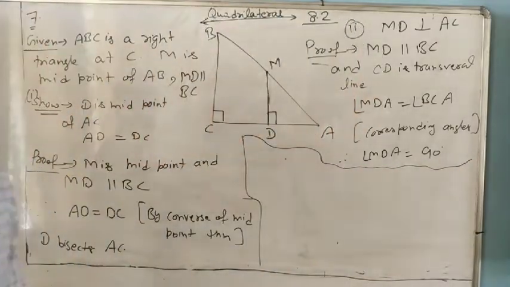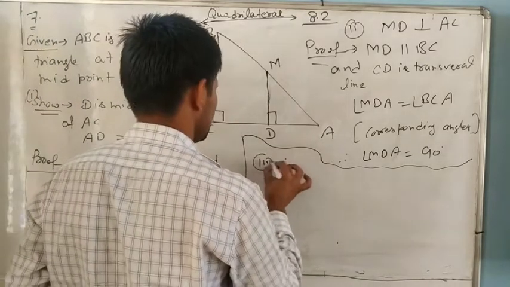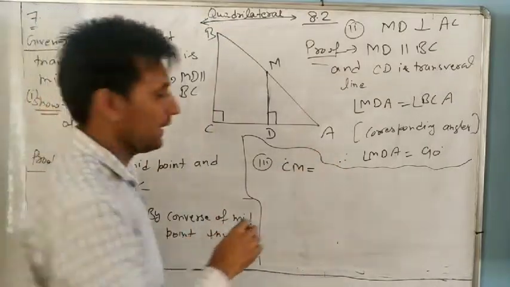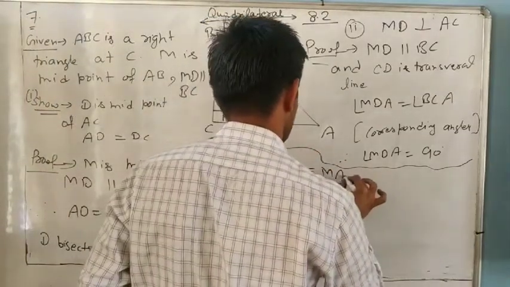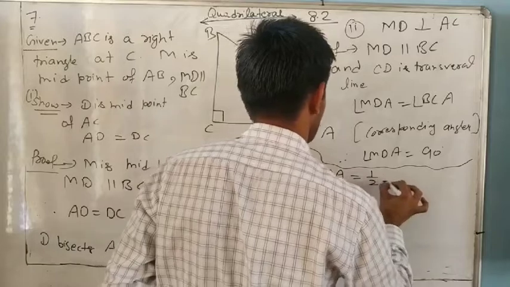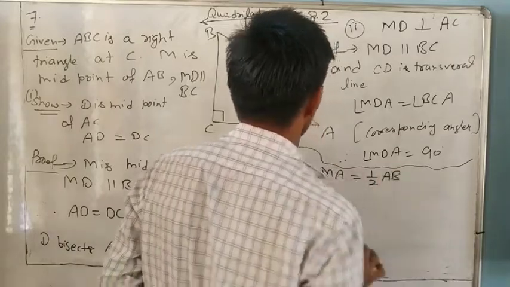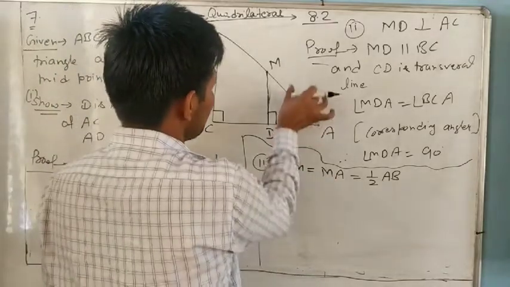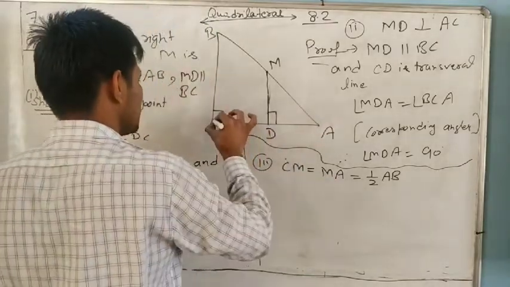Now the third part. The third part is CM equals MA equals half of AB. So first, where is CM? This one we will take.